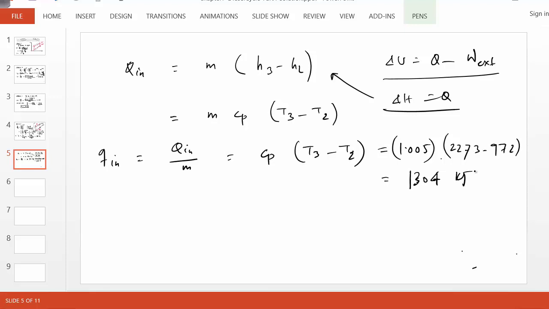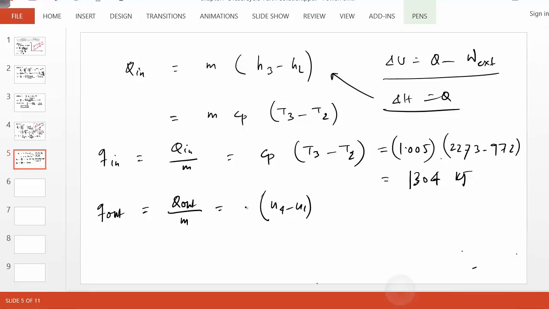Similarly, Q out can be calculated as M times U4 minus U1, right? Because volume remained constant during the heat rejection process. There is no M, I'm sorry, I divided by M already.